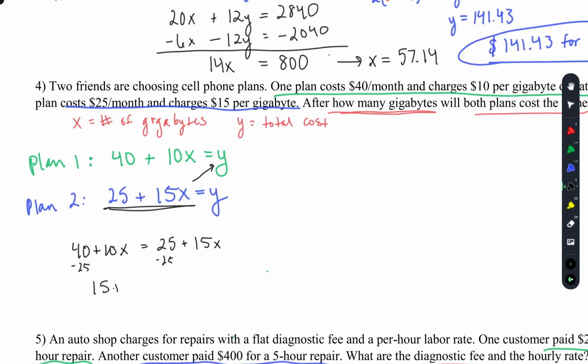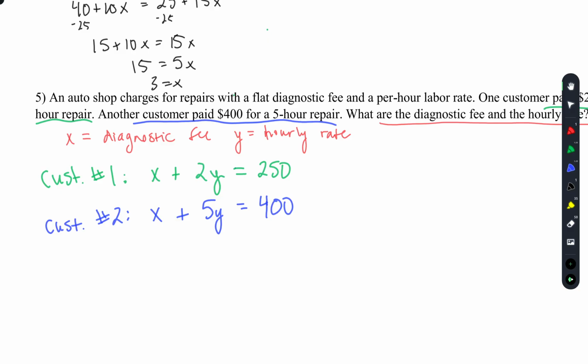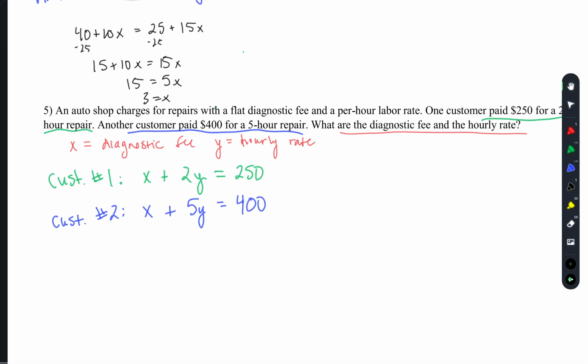So that'd be 15 plus 10x equals 15x, and then you subtract the 10x, and then you get 3. So 3 is x, so 3 gigabytes would be the answer for that one. Because they didn't ask for the cost, so I'm not going to do any more work if I don't have to.